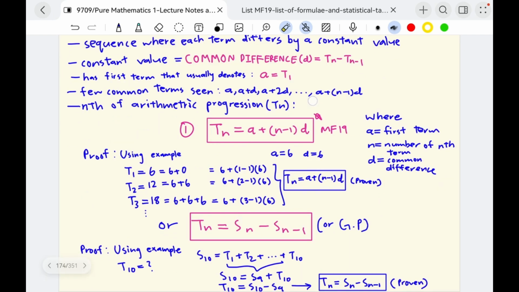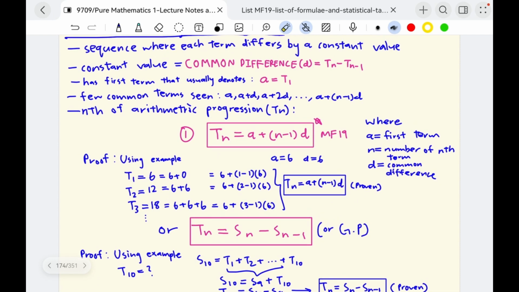So here's the proof. For example, term 1 is 6. So 6 equals 6 plus 0, right? 0 can equal (1 minus 1) times 6; 0 times 6 is 0. For the second term, it is 12, which means that 12 is 6 plus 6.